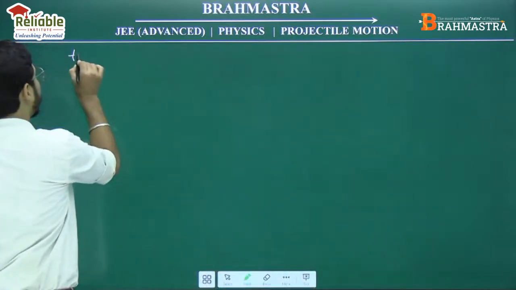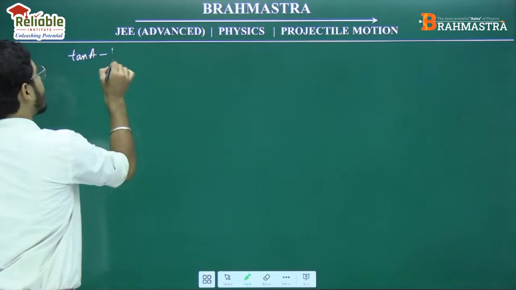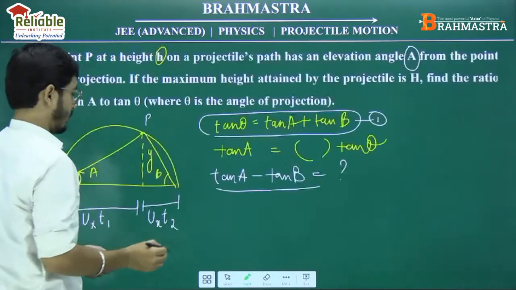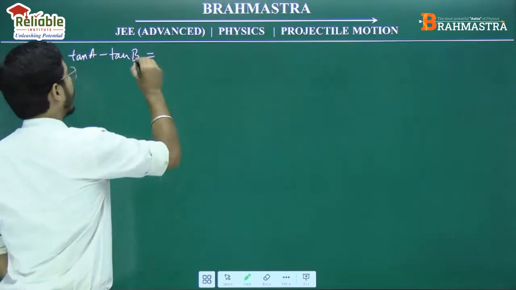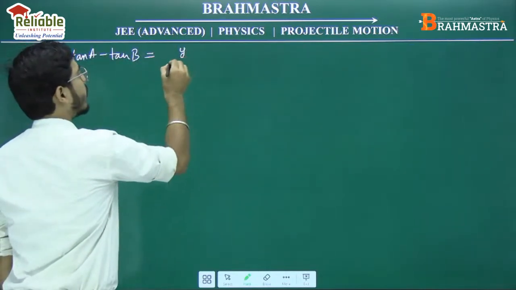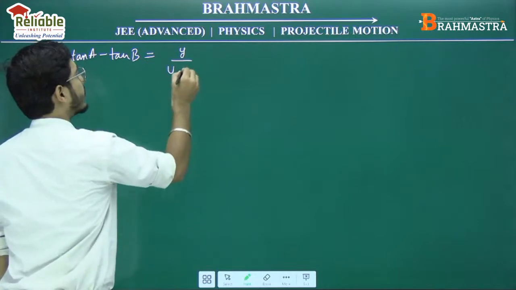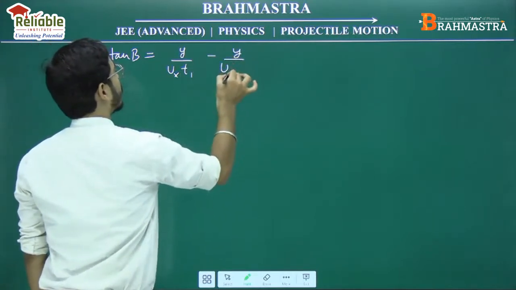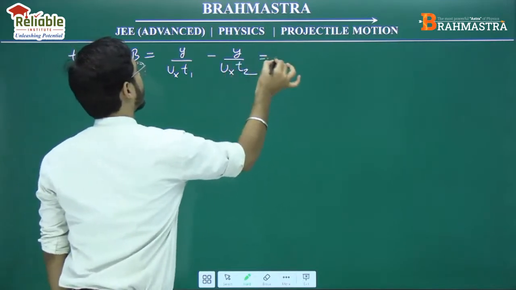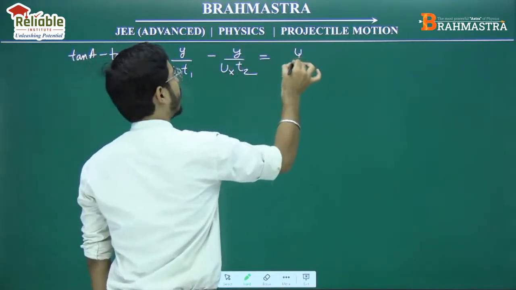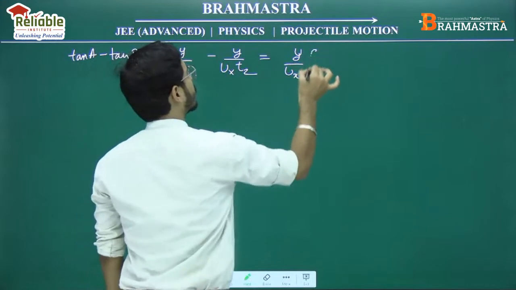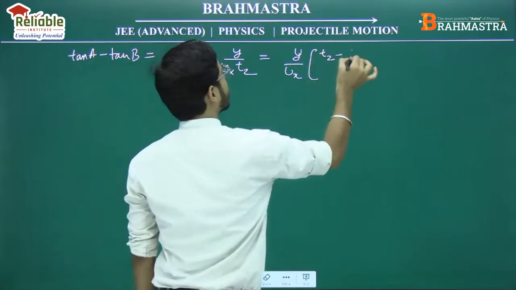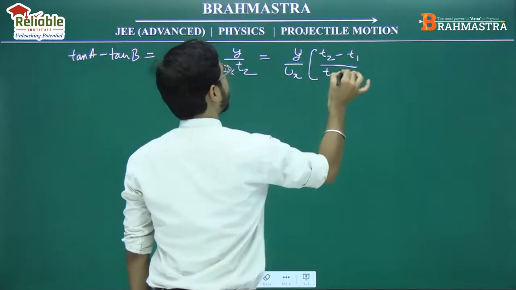So the value of tan A minus tan B becomes, the perpendicular is y, so it is y over ux t1 minus y over ux t2. Okay, y by ux we can take common, so we are going to get t2 minus t1 over t1 t2.